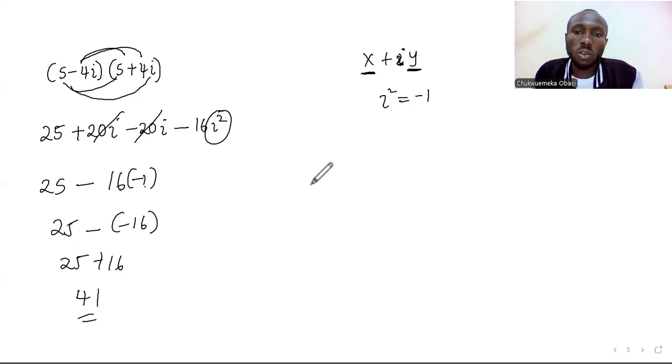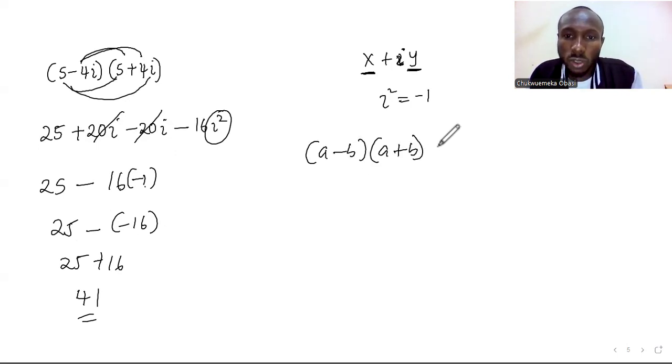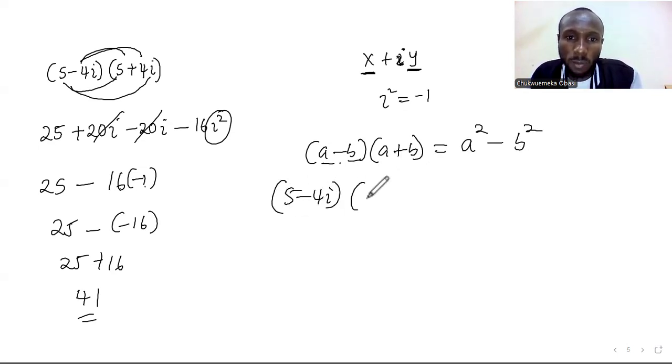You can also use the difference of two squares. If you have a minus b times a plus b, the result is a squared minus b squared. So I have 5 minus 4i times 5 plus 4i. This is my a and this is my b.